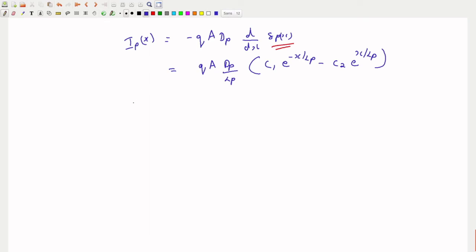And we know at x equal to 0, IP of E is equal to IP of x. This is at x equal to 0.